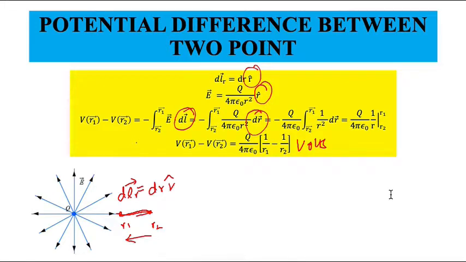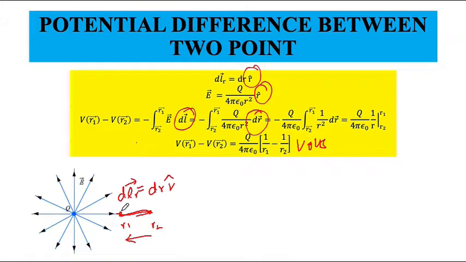Well, this is a fairly interesting expression because I can imagine coming from R2 equals infinity. Imagine that I want to find the potential at point R1, but not by moving the test charge from R2 to R1 where R2 is close to R1.